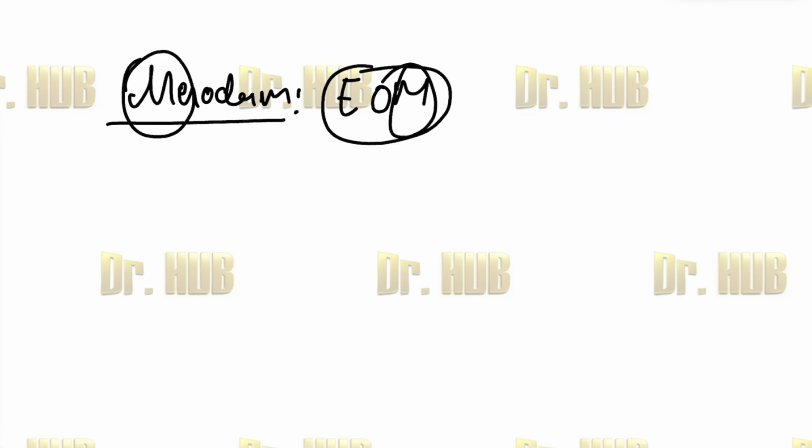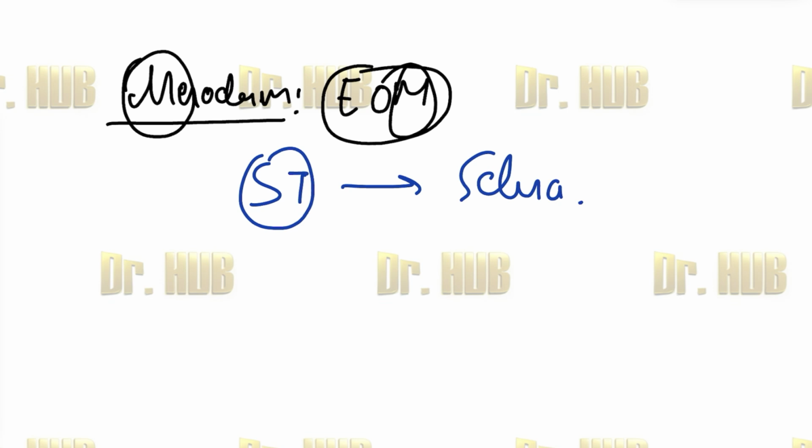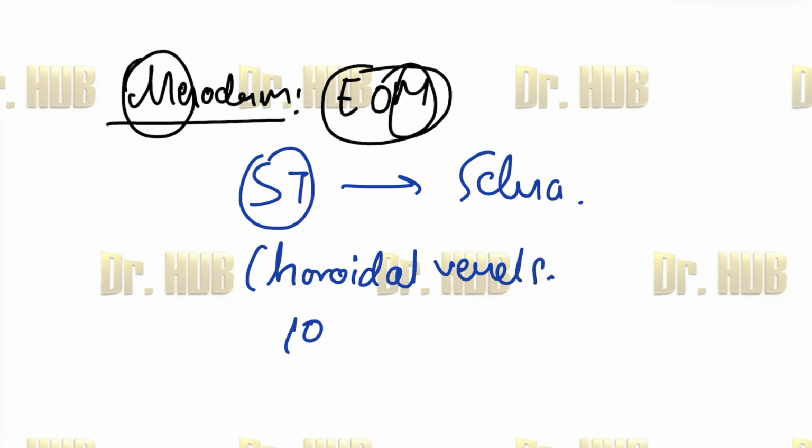Then there is the supratemporal part of the sclera. Next come the choroidal vessels, as well as the primary vitreous and the vascular endothelium.